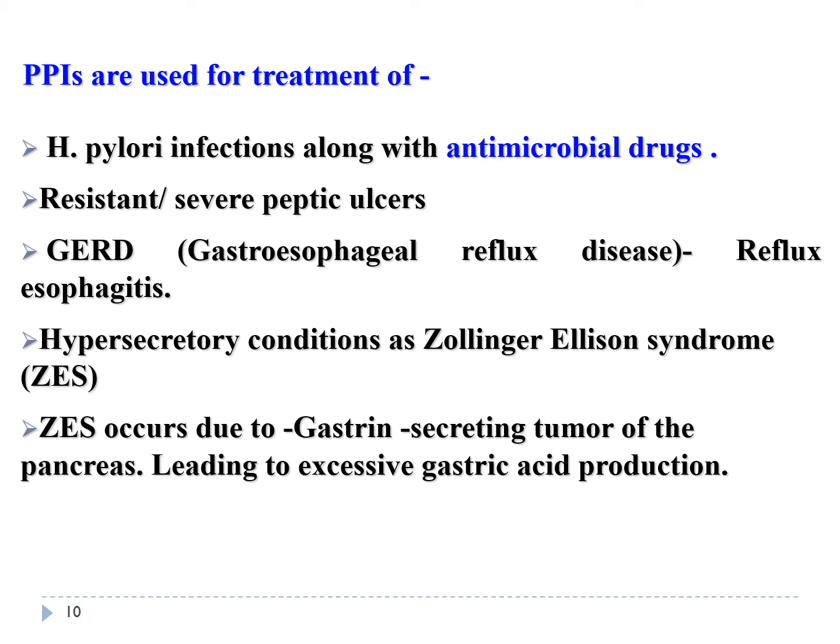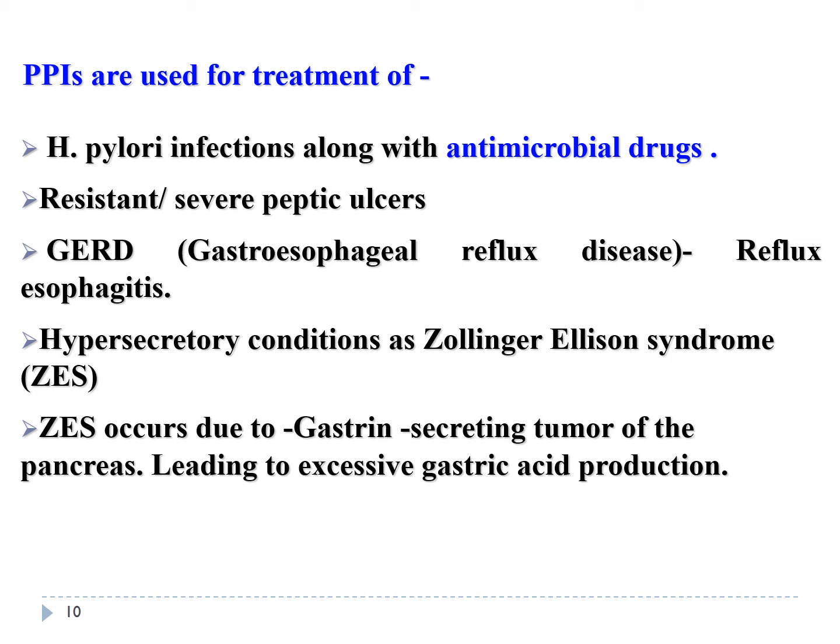Which are the conditions in which PPIs are useful? PPIs are used in the treatment of Helicobacter pylori infections along with antimicrobial agents. The second condition in which they are useful is peptic ulcers which are resistant or severe. The third condition is GERD, that is gastroesophageal reflux disease, also known as reflux esophagitis.